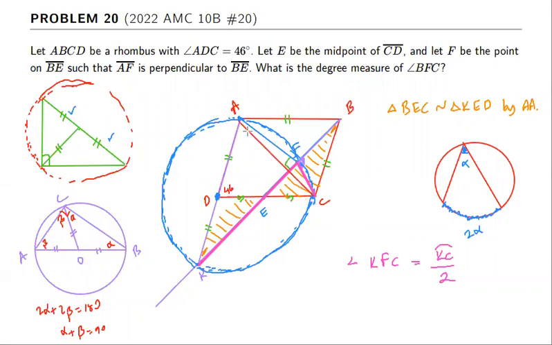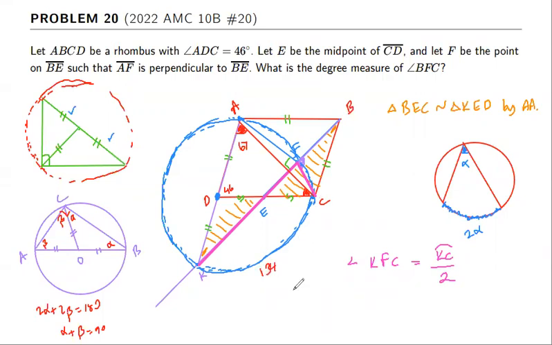So if I connect A and C, because that was an isosceles triangle, if you subtract this from 180, you get 134, right? And then if that's the case, the half will be right here, which is going to be 67, and the other half will be right here, which is also 67. But I don't really care about that part, because this angle between KA and AC is facing this arc KC, which is going to be twice as big.